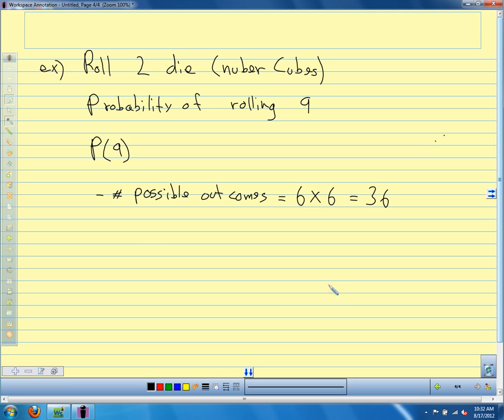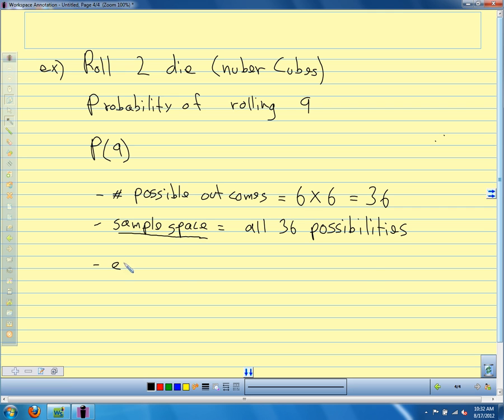I just want to write it up for this problem to use some of our vocabulary. Our sample space is all 36 possible outcomes.